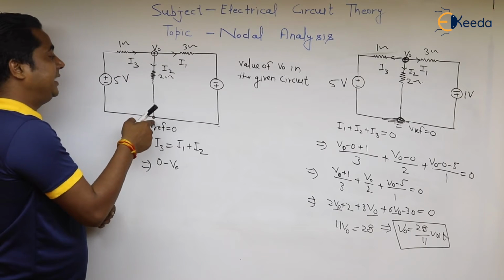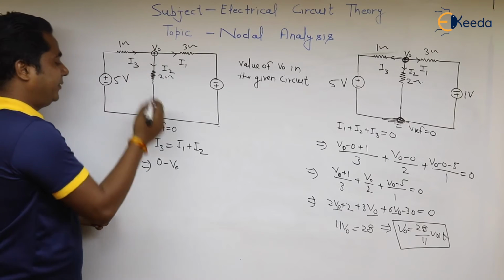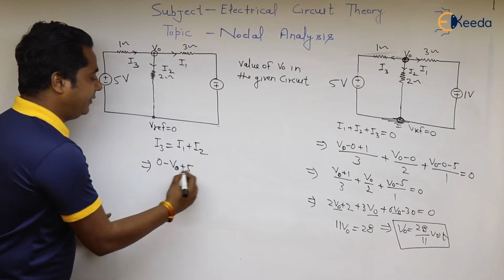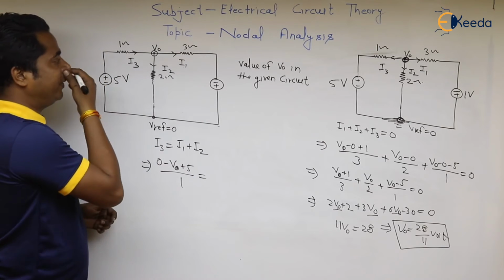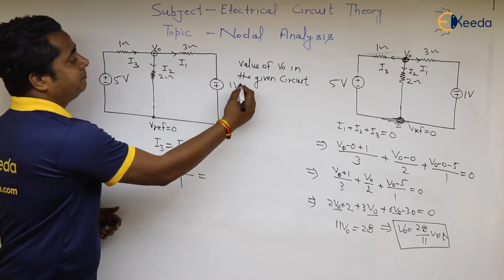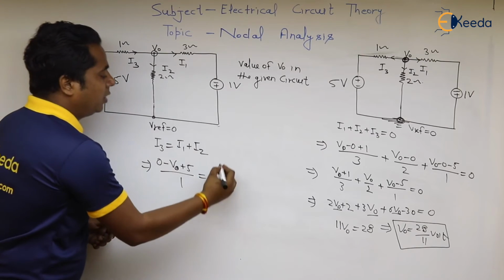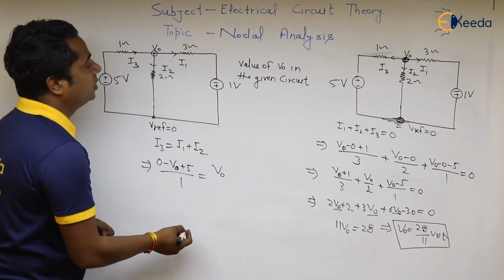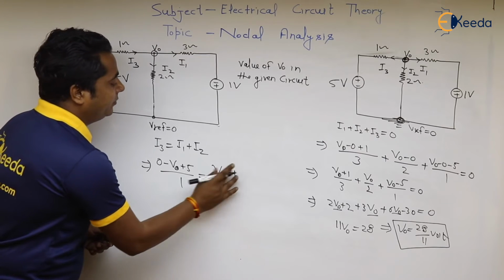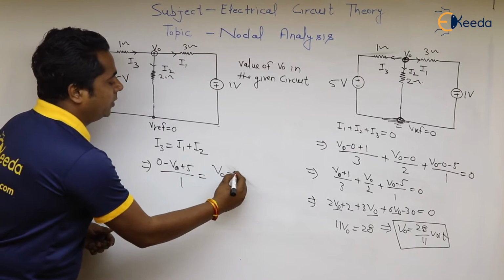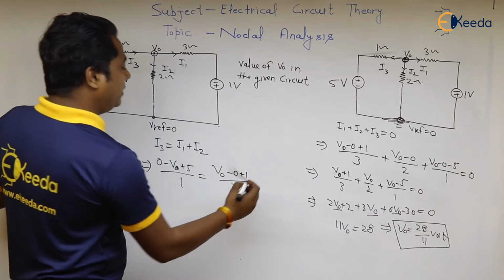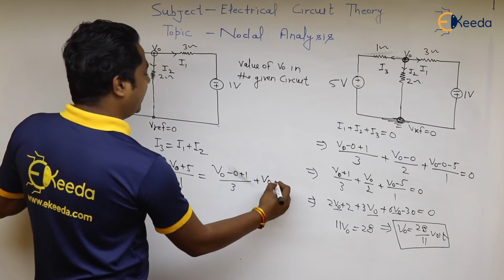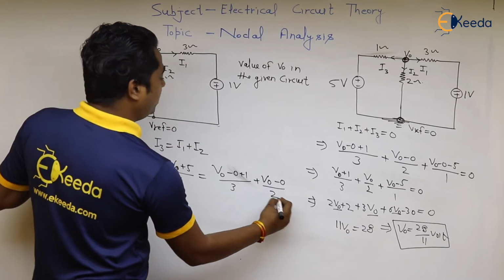So it will be 0 minus V0 plus 5, upon 1, is equal to the value of I1. I1 means V0 minus 0 plus 1 upon 3, plus the I2 value will be equal to V0 minus 0 upon 2.